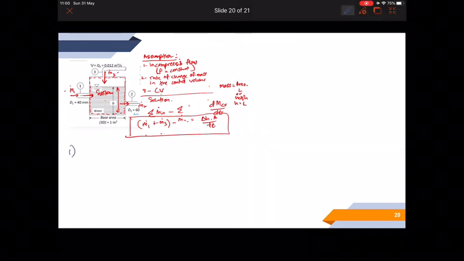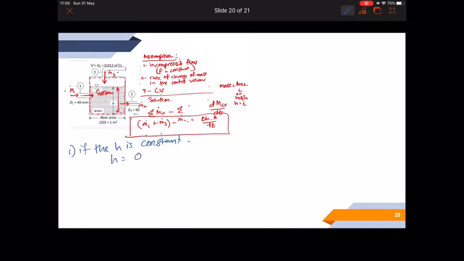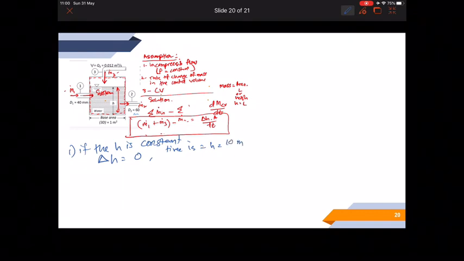So question 1, they ask us if the h is constant. What do you mean by h is constant? Meaning delta h equal to 0. When you say h is constant, meaning what? Delta H is 0, which means at time, let's say 1 second, H is 10 meter, the height is 10 meter.